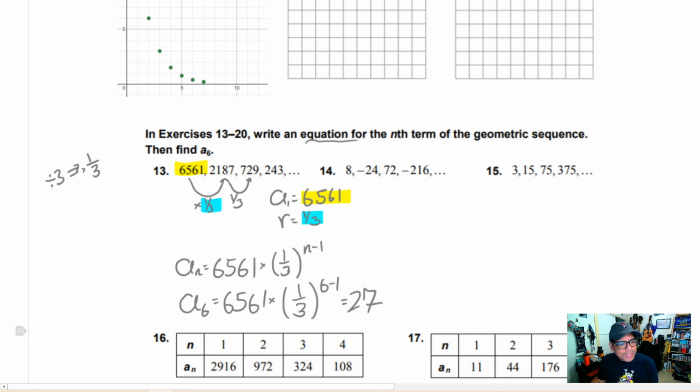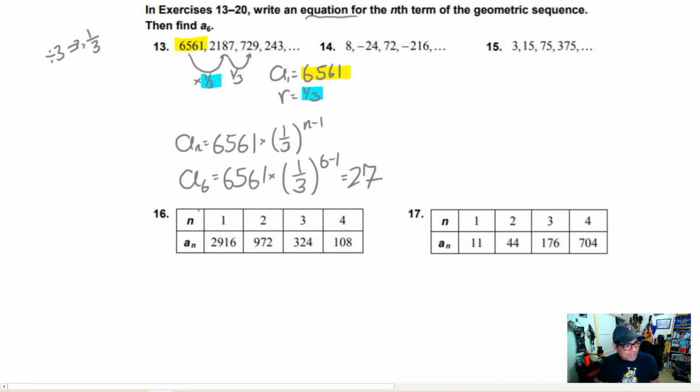Don't be confused by 16 and 17. This is exactly the same thing, only it's written as a table. So you can think of it as the sequence 2916, 972, 324, 108. Exactly the same thing, just written in a different way.